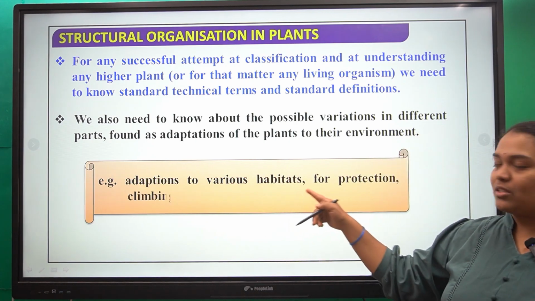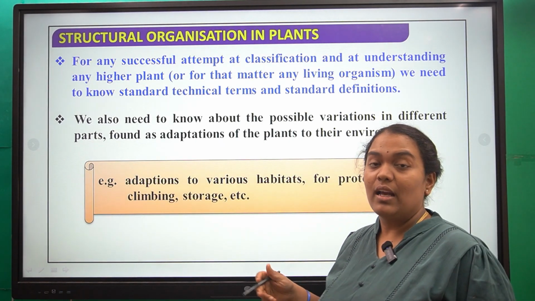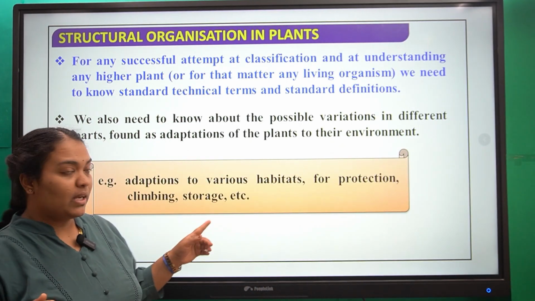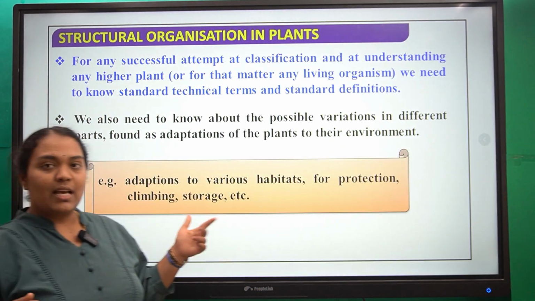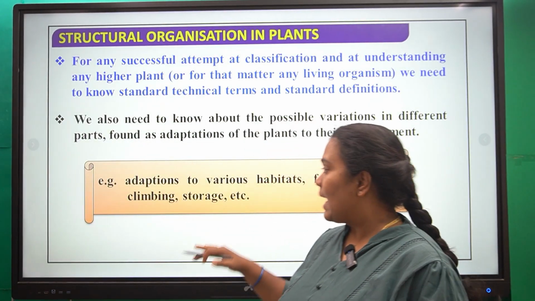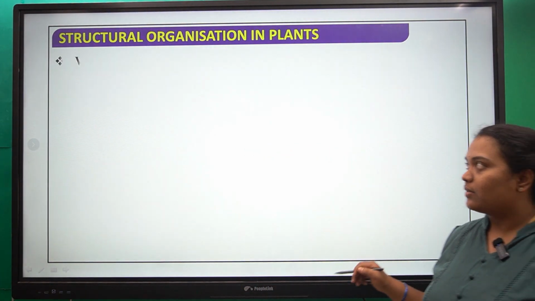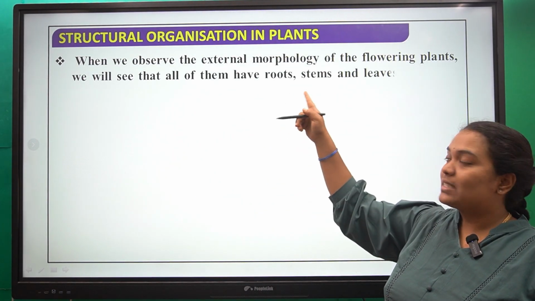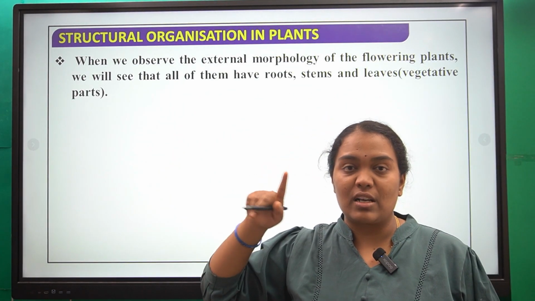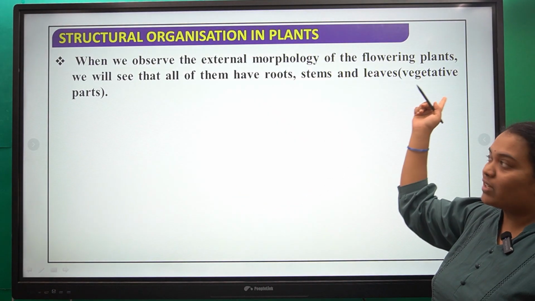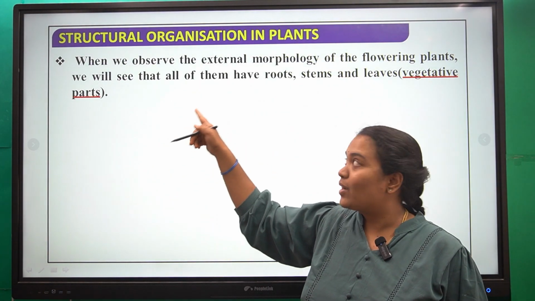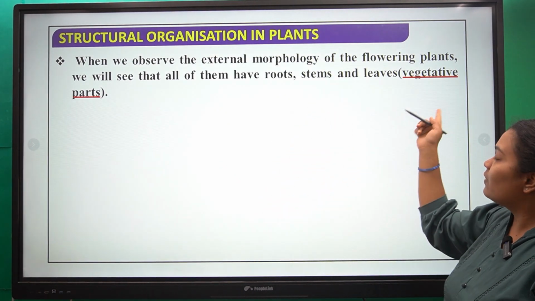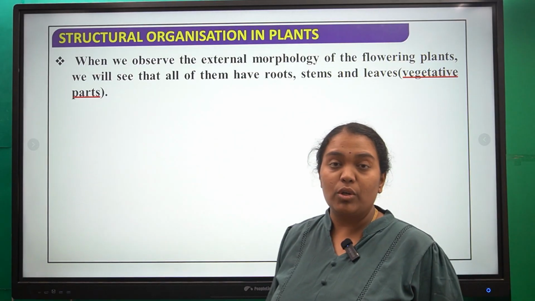Example, adaptations to various habitats. Habitat means what? The surrounding environment where an organism is living. These adaptations help in protection, climbing and storage of the food material. And also when we observe the external morphology, or the external structure, of the flowering plants, we will see that all of them have roots, stems, leaves and also vegetative parts, which produce food for us.